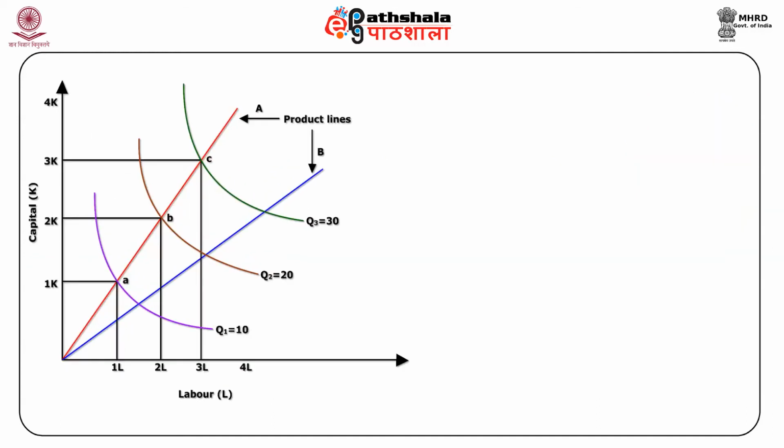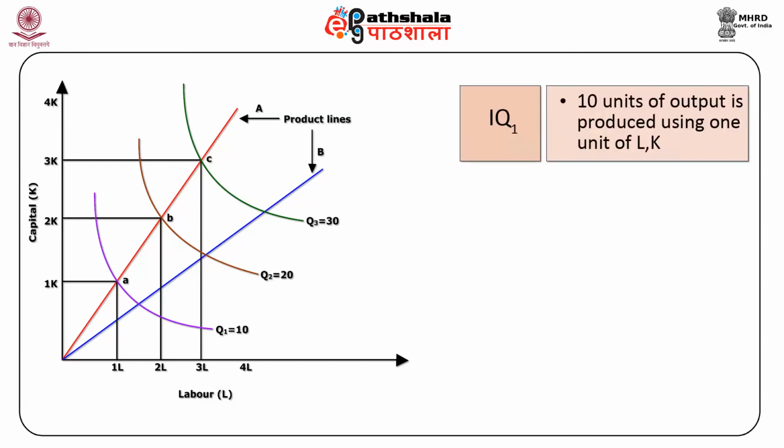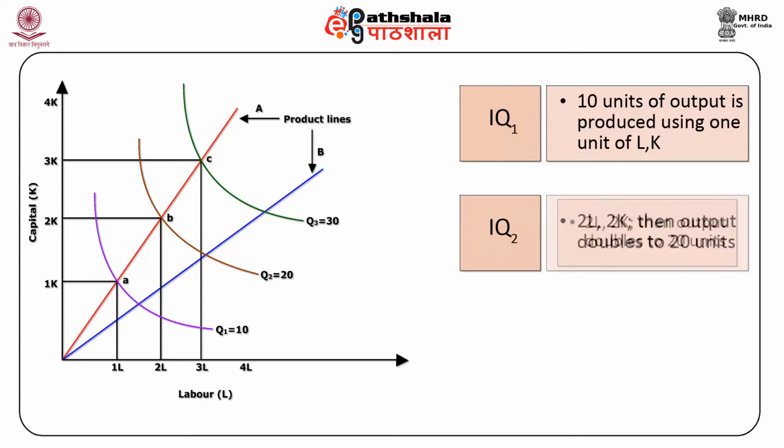Consider the figure. As represented, 10 units of output depicted by IQ1 is produced using 1 unit of labor and capital. But when the labor and capital were doubled, that is, to 2 units each, then the output depicted by IQ2 also doubled, that is, to 20 units.